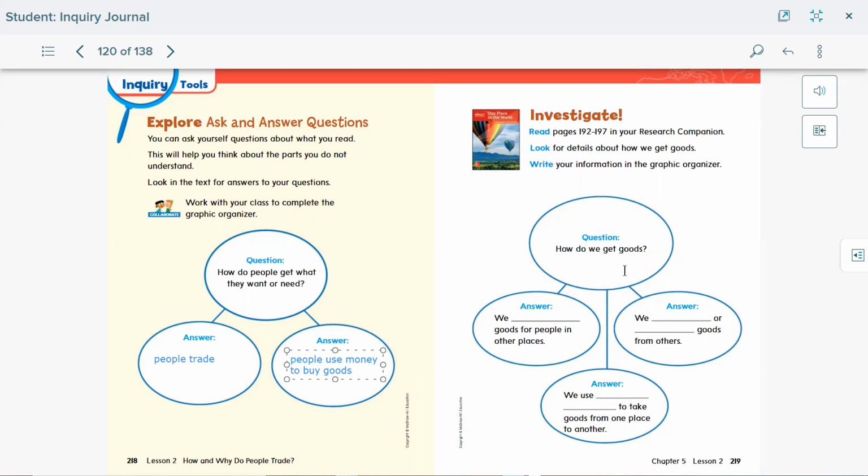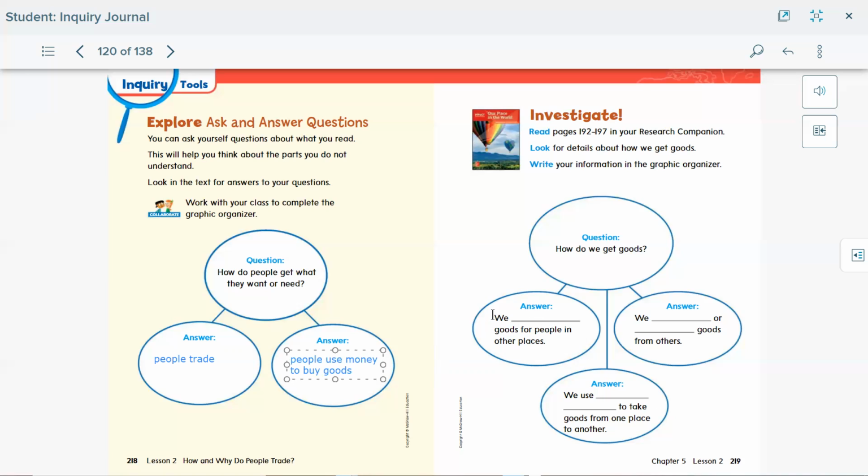Now we have questions and answers. We're going to read the information we have in our graphic organizer, and then we're going to go to our companion, read the passage and the text that will help us to answer these questions. So the question is, how do we get goods? We have three answers. Part of it is hidden, and the rest of the information we have.